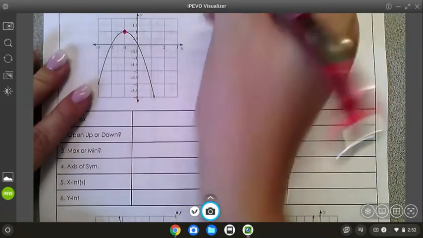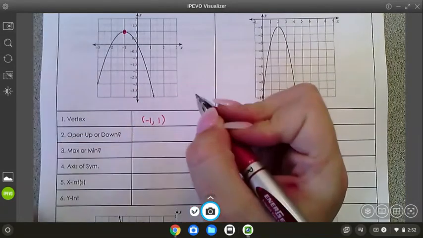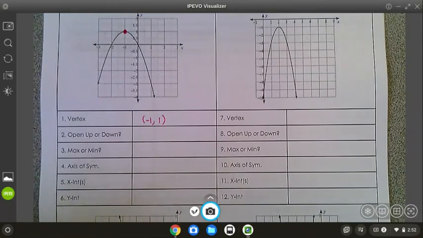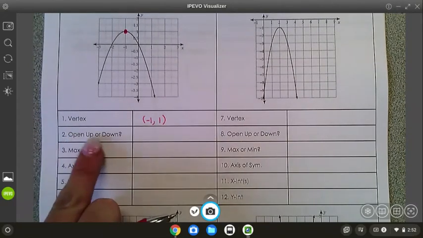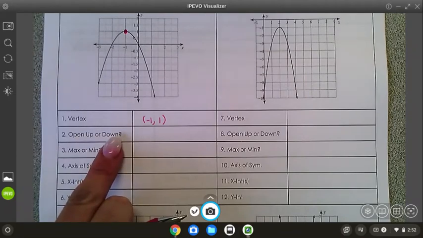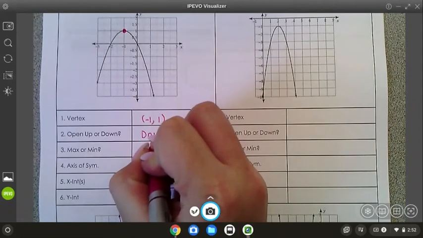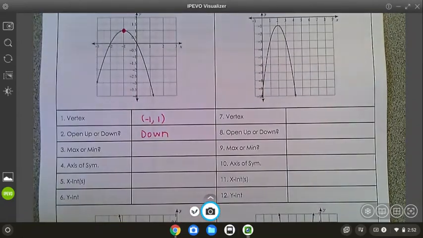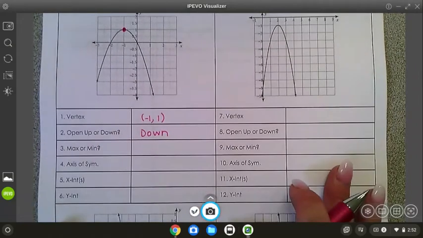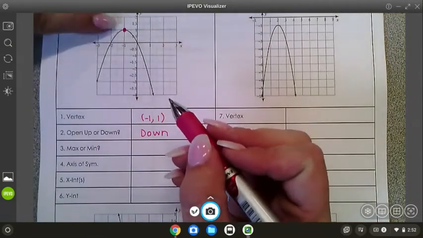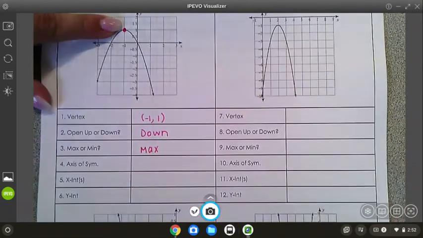And that is the point, you always do your x first, -1, 1. So does this parabola open up or down? Well, the arrows point down, so we say it opens down. The opening is on the bottom. And that means that the vertex is at the top, so the vertex is a max.